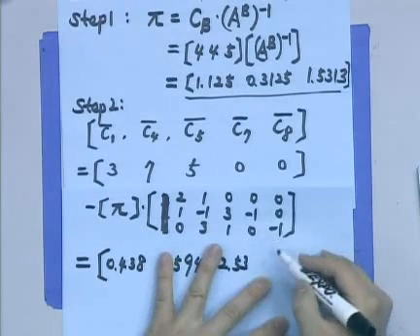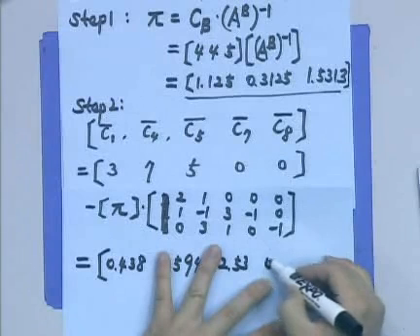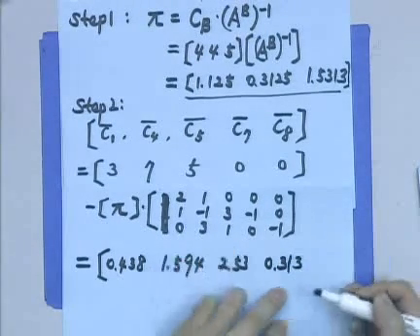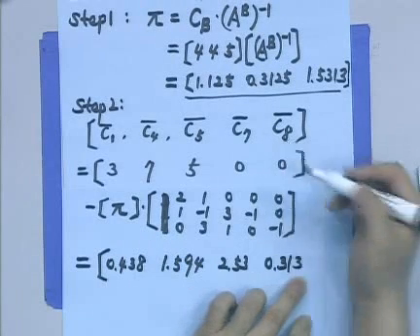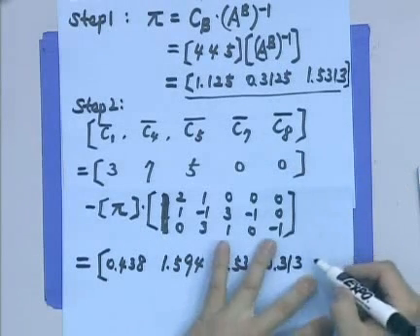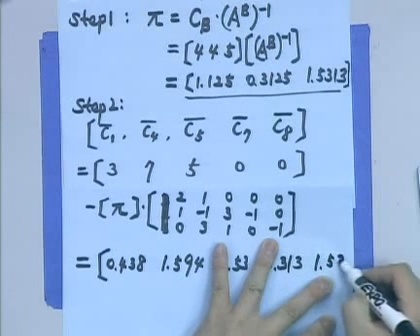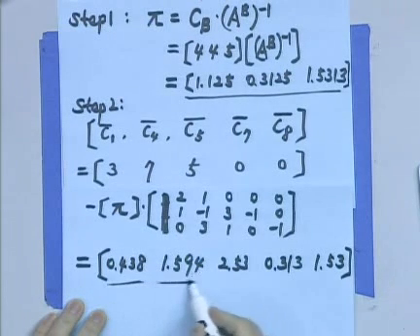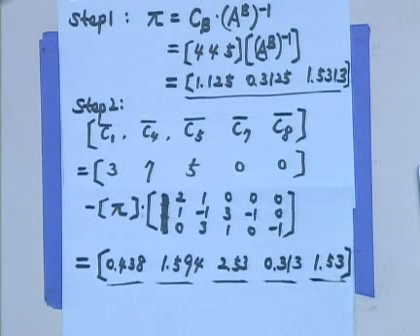And the reduced cost for x7 is 0.313. And the last one, the reduced cost for x8, is 1.53. Okay? And because the reduced costs for all the non-basic variables are non-negative, the current basic solution is optimal, right?